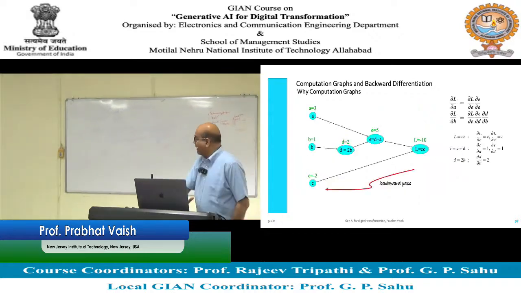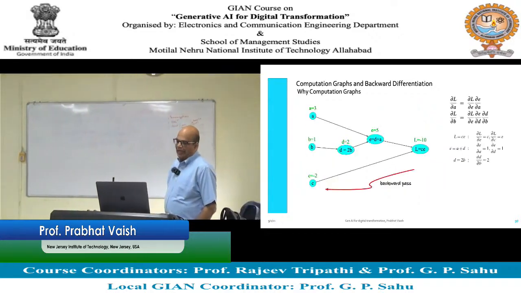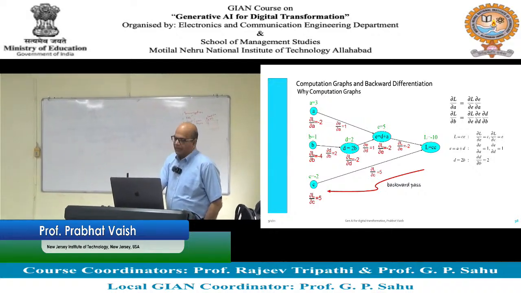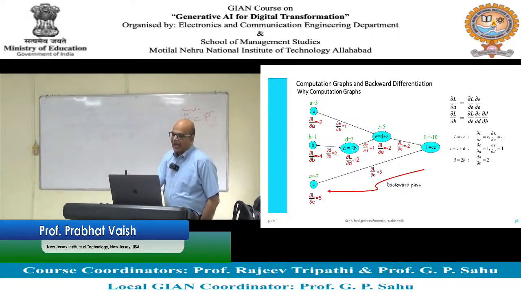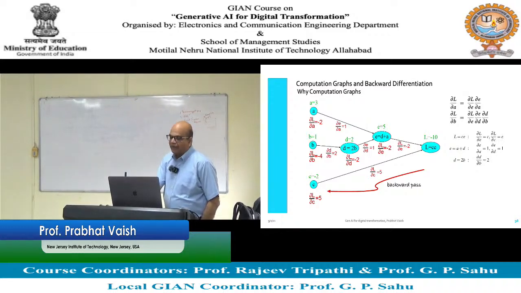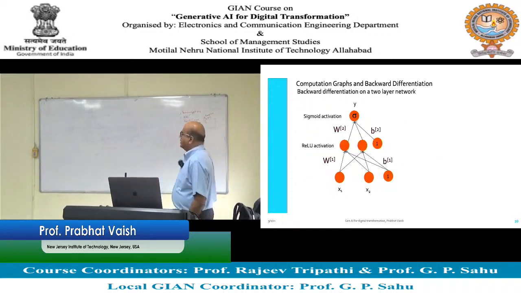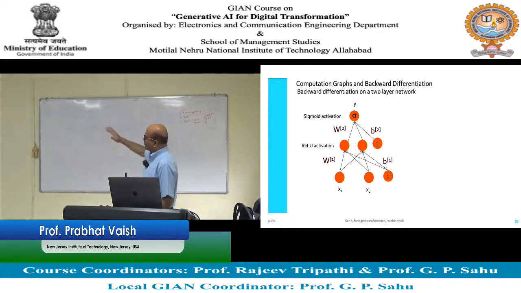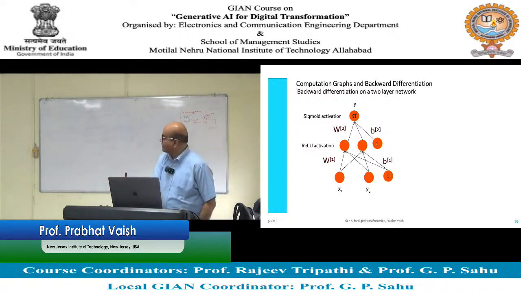Then you do the backward pass where you are applying the changes to each of these valuations. In red, you're making those changes, and that's when you have a two-step process: a forward pass which calculates the loss function and a backward pass which calculates the partial derivatives and applies them.